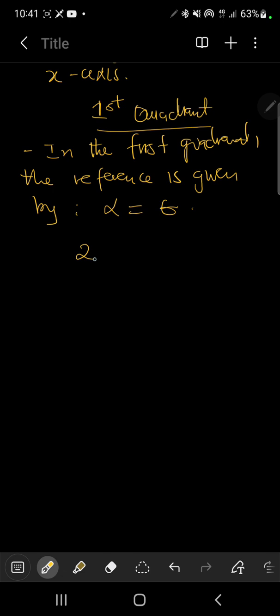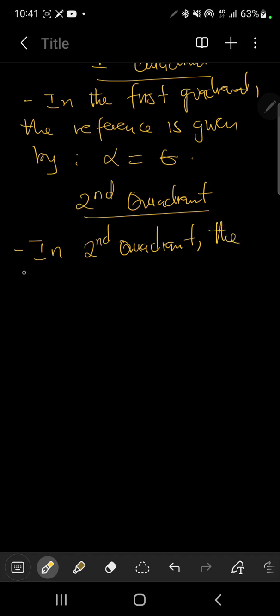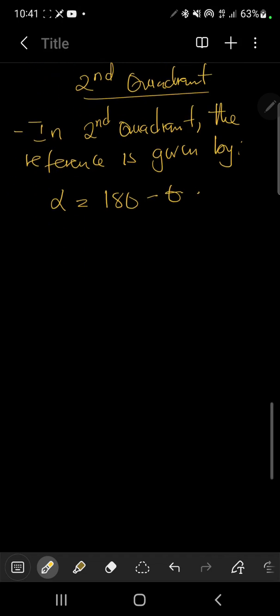We go to the second quadrant. In the second quadrant, the reference angle is given by alpha is equal to 180 minus what? Minus theta. That is in the second quadrant.